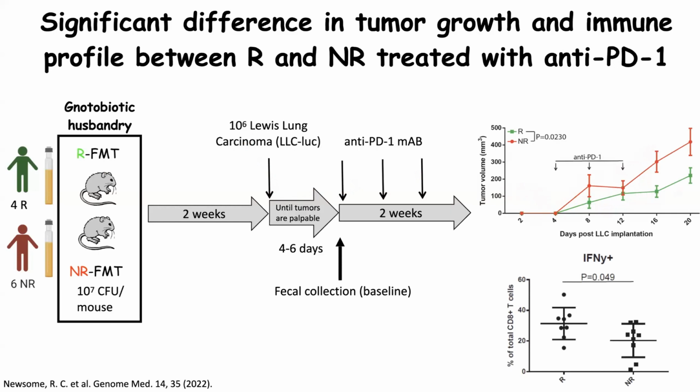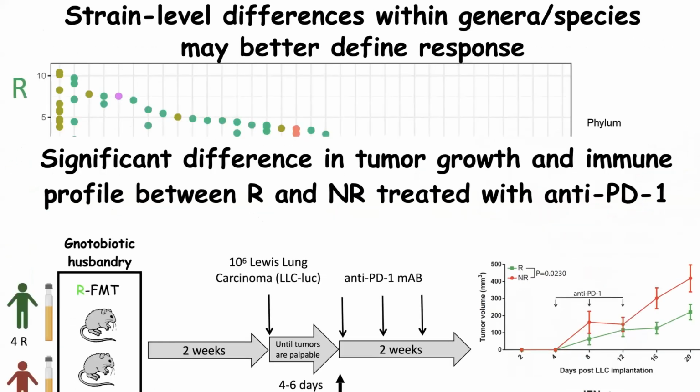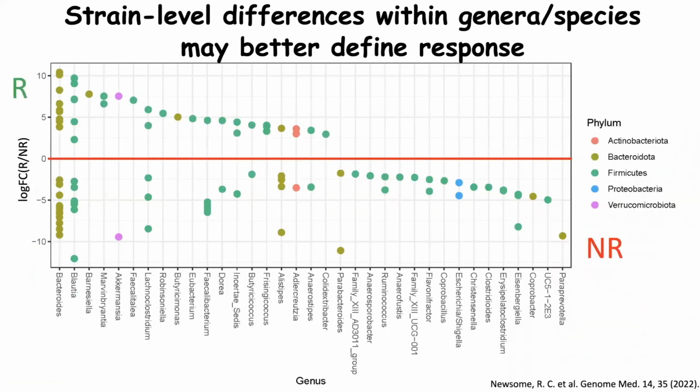And the idea was just to make sure it works, and then study the microbiome. This is an analysis at the ASV level, which is amplicon sequence variant level. Every dot represents a species from this genus here. Above the red line means it's enriched in the responder. Lower than the red line means it's enriched in the non-responder.